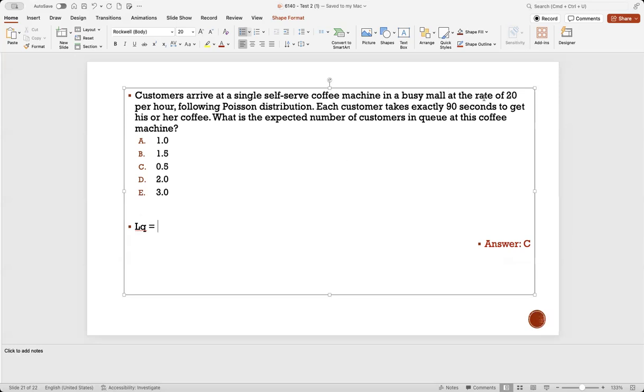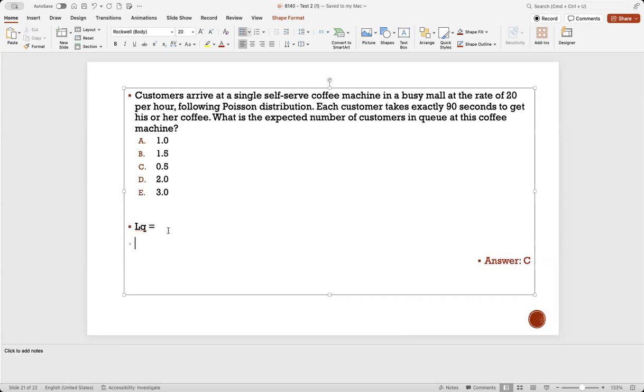Lambda is the arrival rate, and we can find it from here. It's at the rate of 20 per hour. Then for each coffee produced, the process takes exactly 90 seconds, which is 1.5 minutes.